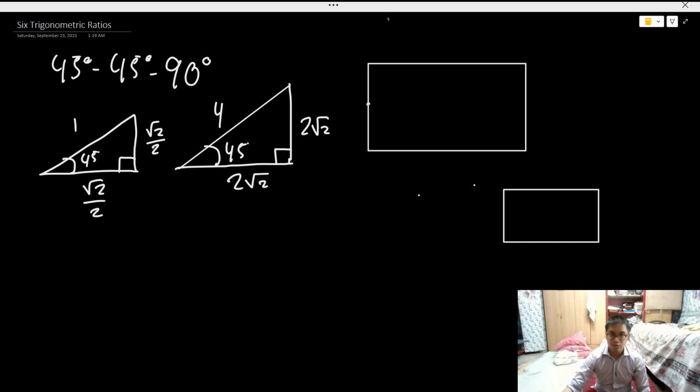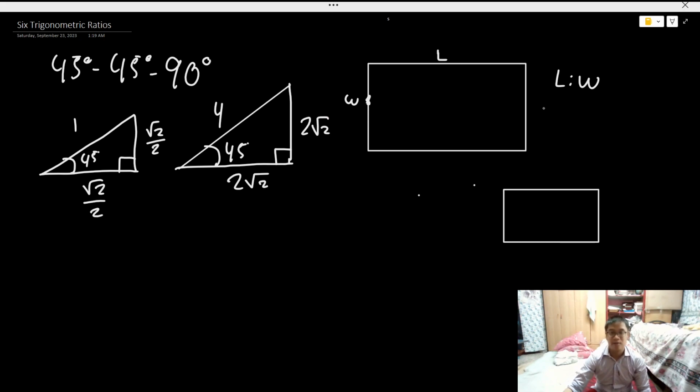Now, what we're going to do here is relate their ratios. In the rectangle, we have two parts, the length and the width. Let this be the width and let this be the length, and let's get the ratio of length to width.